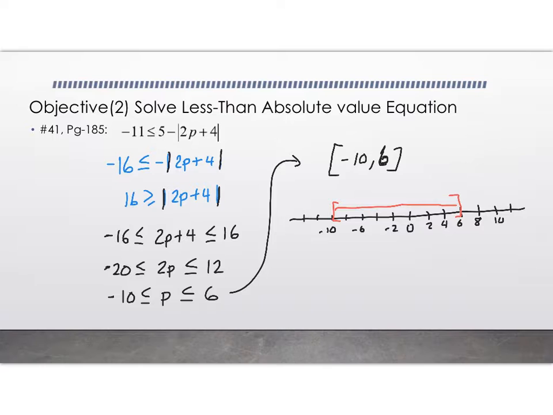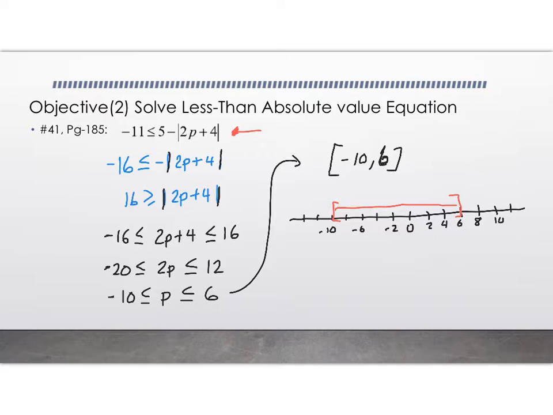So now we're going to solve an inequality, and we're looking at problem number 41 on page 185. If you look at the book, you'll see this inequality: -11 is less than or equal to 5 minus the absolute value of 2p plus 4.